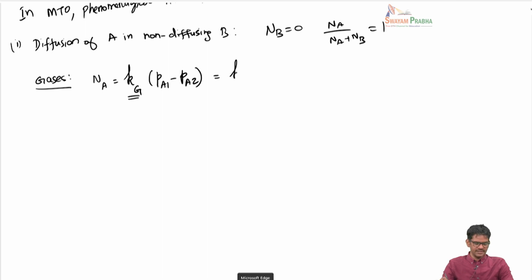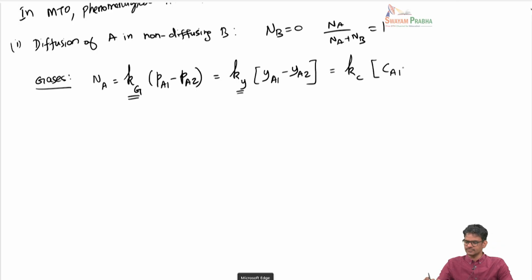We could also write this in terms of mole fractions. Here Ya is the mole fraction of species A in the gas phase, and the corresponding mass transfer coefficient is Ky. Or, like I discussed before, it can be written in terms of concentration units also.